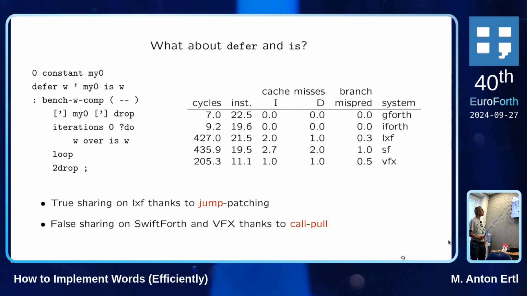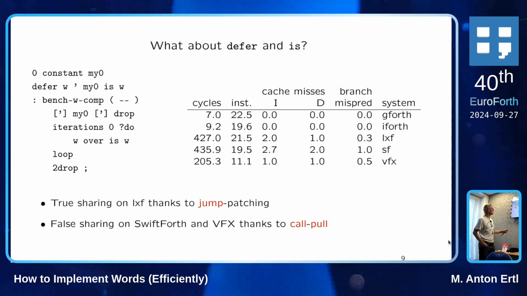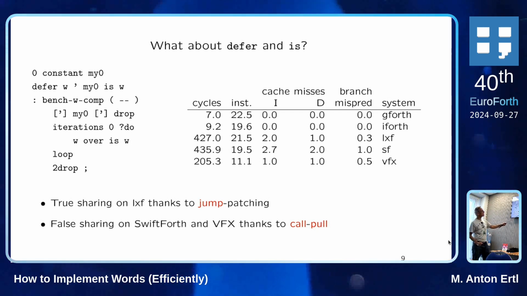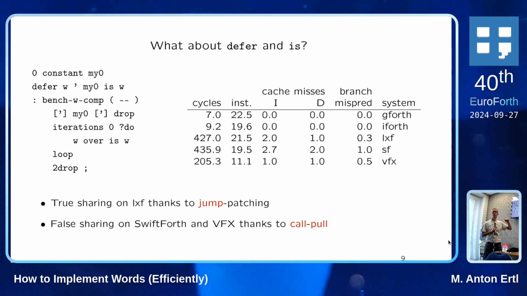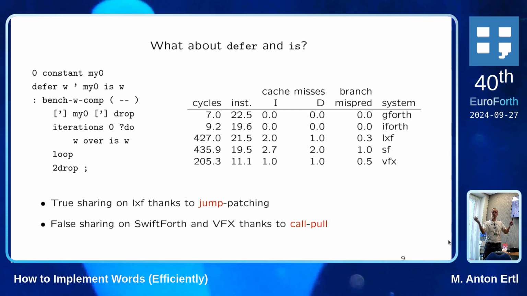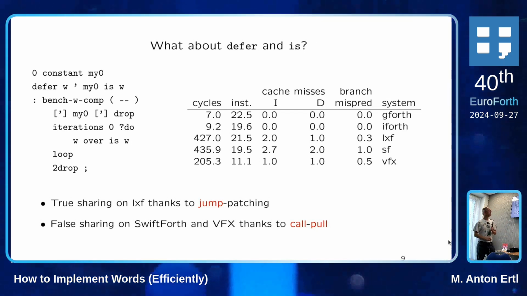And here we see, again, some slowdown in EuroForth and VFX because I think of call pull. And here we also see a slowdown in LXF, which is a system by Peter Feld, because he implements deferred words with jump patching, which is true sharing and gives you the same slowdowns on these kinds of machines.